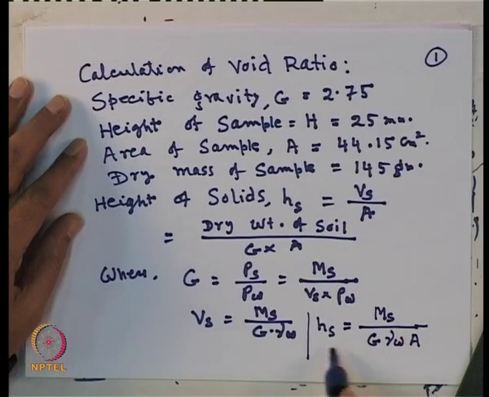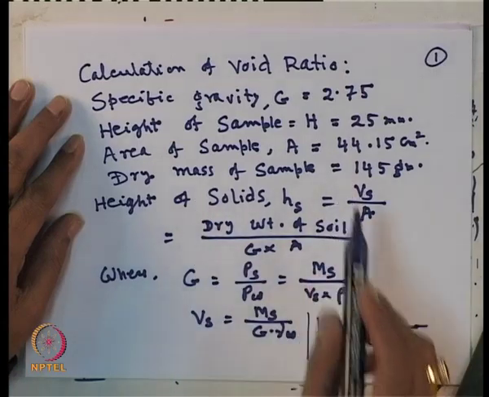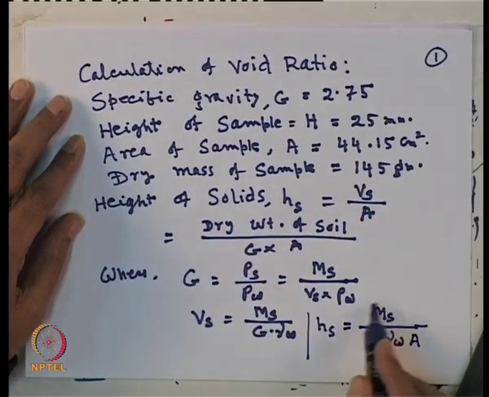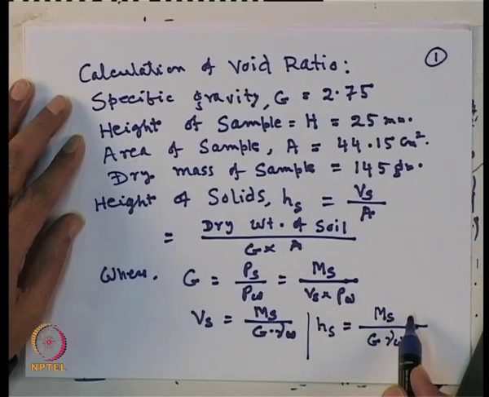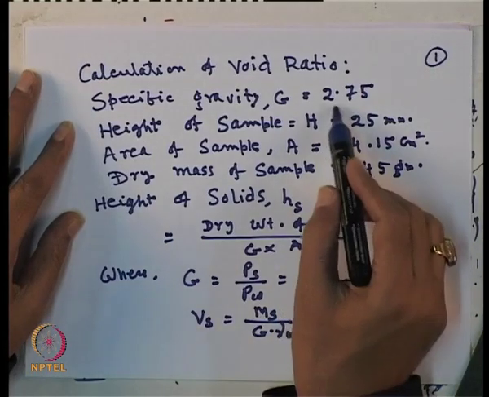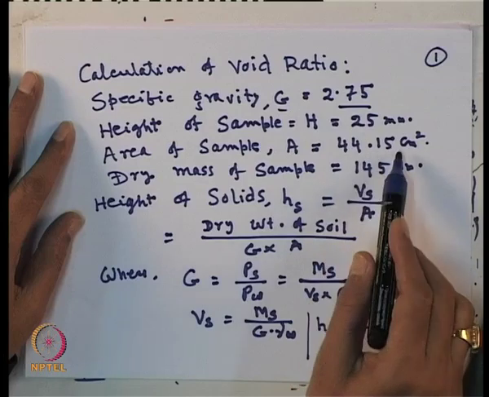So now if you substitute the value of the dry weight of the soil, M_s is equal to 145, the G value is given 2.75, gamma_w is 1, and the A value is given 44.15.